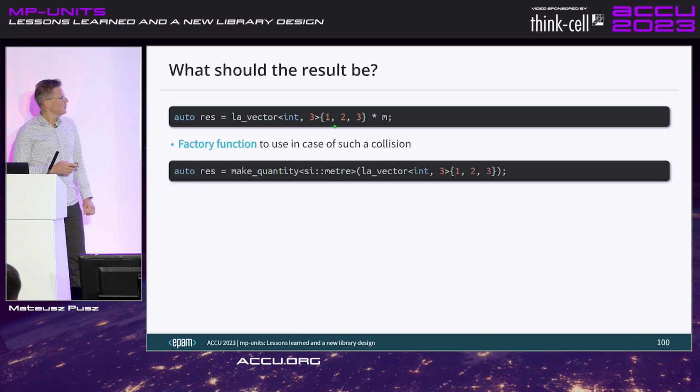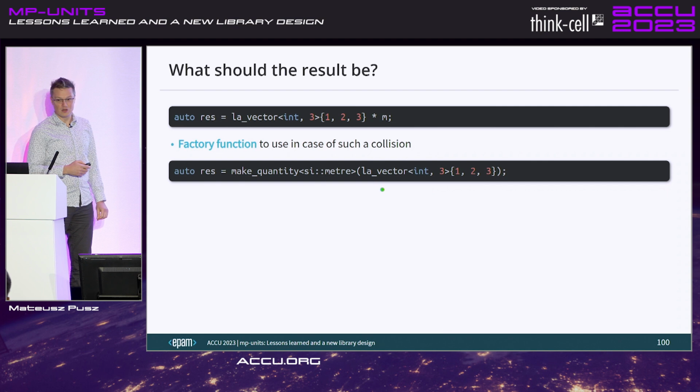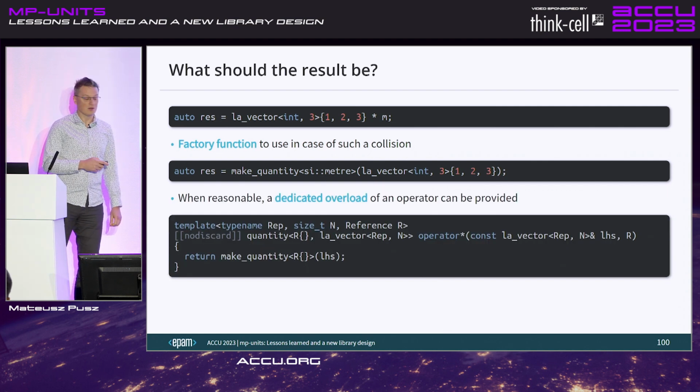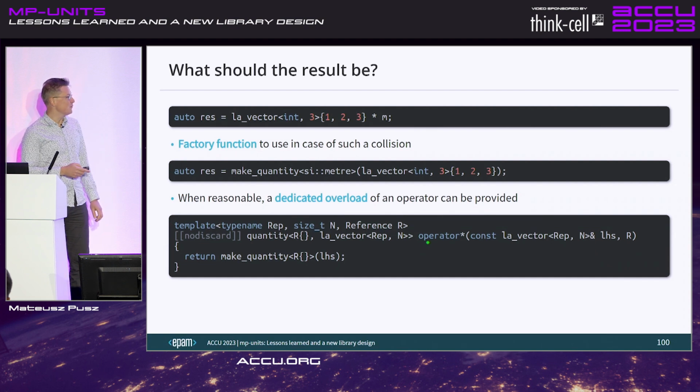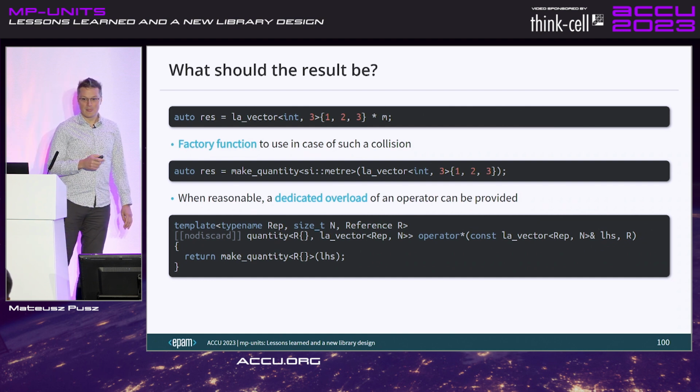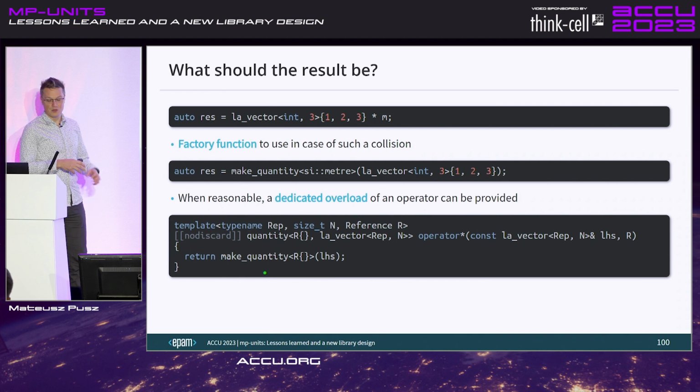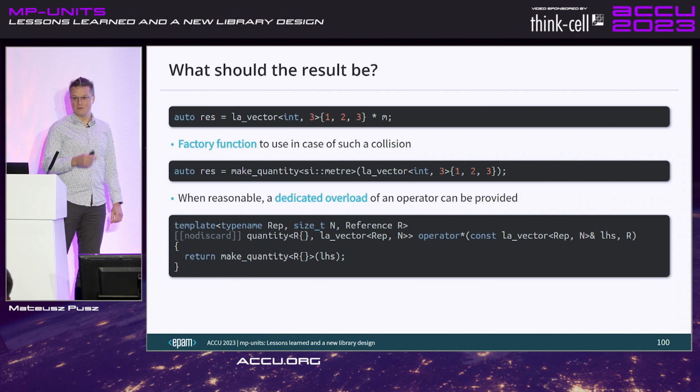This is why I also provided the make quantity factory function to create a quantity from a raw value in case such a collision happens. And of course, if reasonable, you can provide a dedicated operator that says explicitly if I'm dealing with LA vector and the reference as the right-hand side argument, I just want to call make quantity, and then you are basically resolving the ambiguity with a dedicated use case.